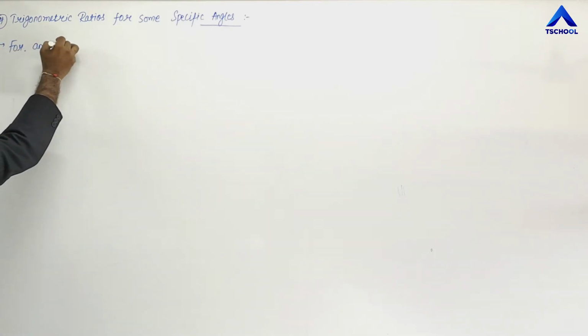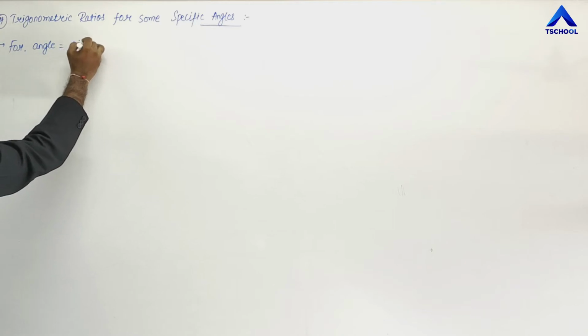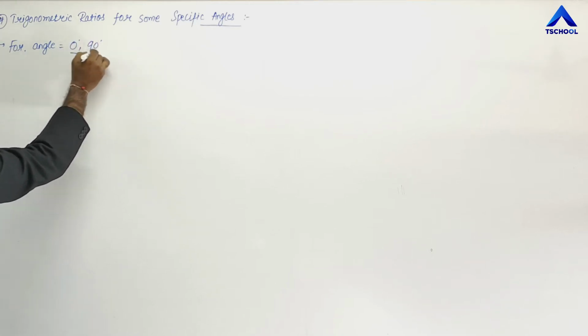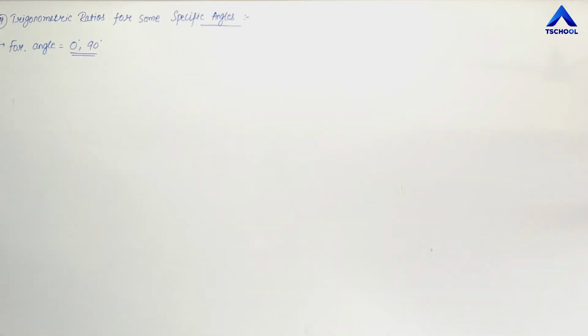Okay, so let us carry on the calculation for theta equals to 0 first, for angle equals to 0 degree and 90 degree. In the previous lecture we had a triangle.